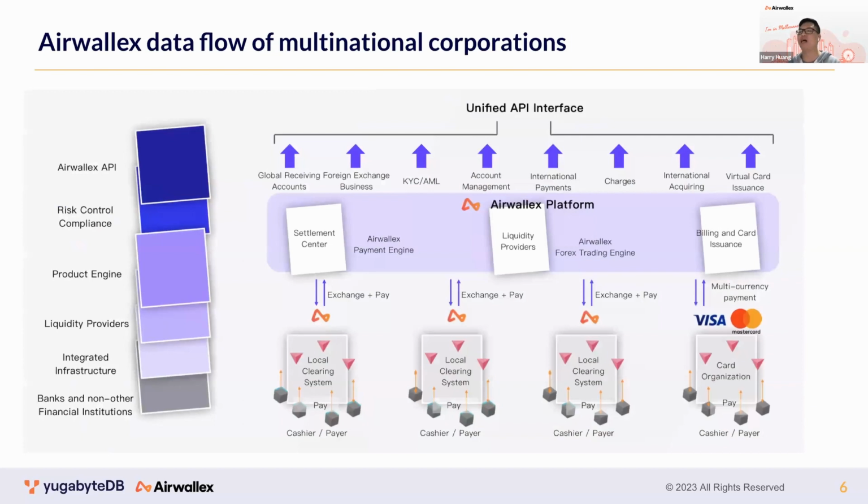And this page is about our architecture. It's a very high-level architecture. We provide a unified API interface that we have already integrated with different liquidity providers, different FX providers, and different local clearing systems. It's very tedious because every country, every region has different legal requirements and different licensing.